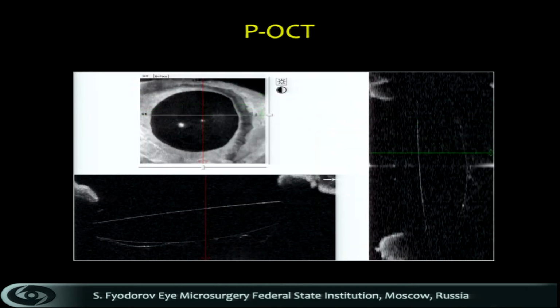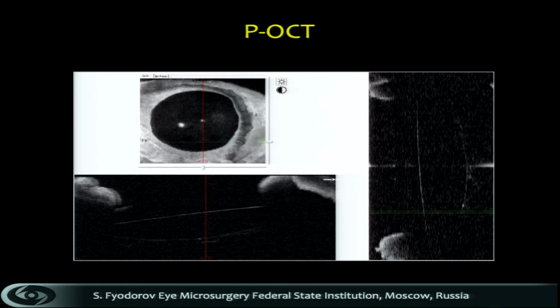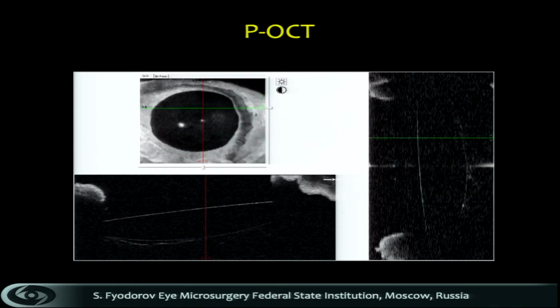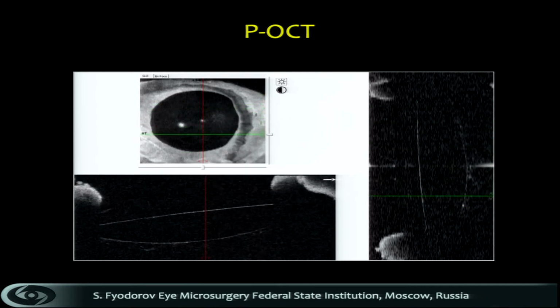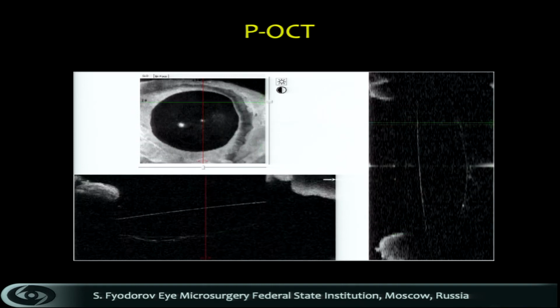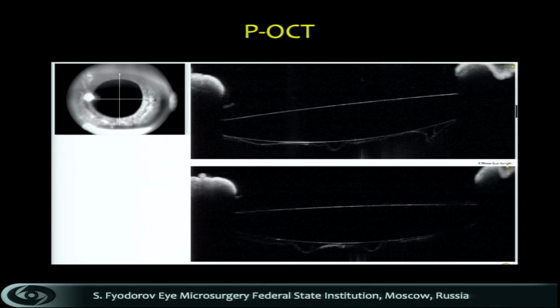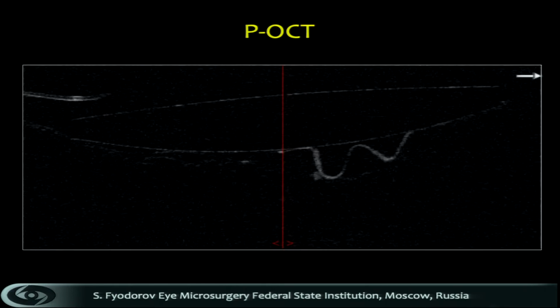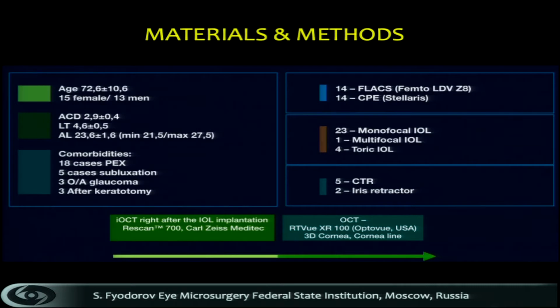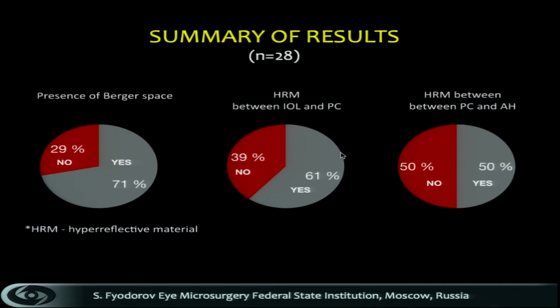So this is what we can see postoperatively. We can also identify these mini fragments of the lens. However, the exact location is not really obvious in this case. So we studied a number of patients preoperatively, intraoperatively and postoperatively, and this is the summary of results.